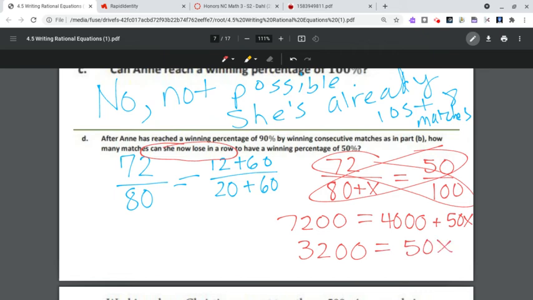Divide 3,200 by 50, and she can lose 64 matches in a row in order to drop her winning percentage to 50. Okay, if she loses the next 64 matches, she'll drop from a 90% winning percentage to a 50% winning percentage.